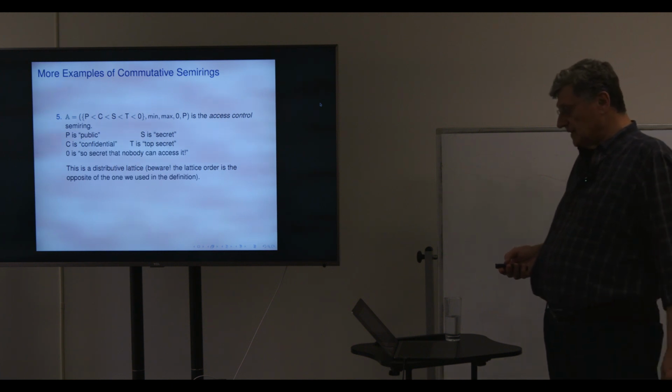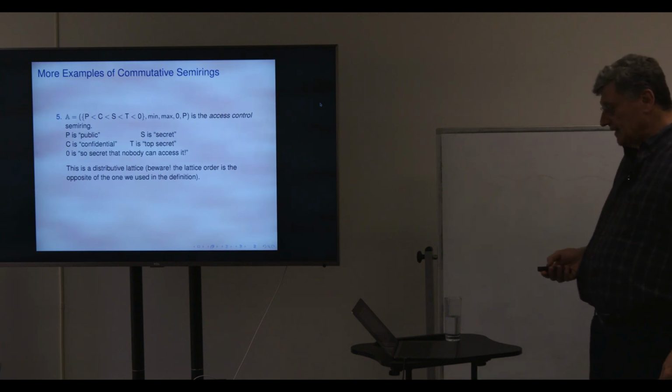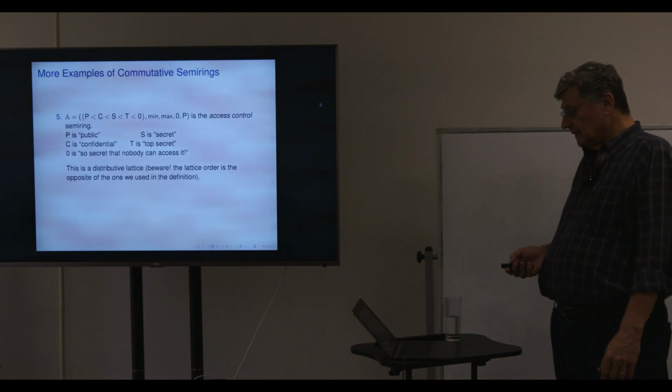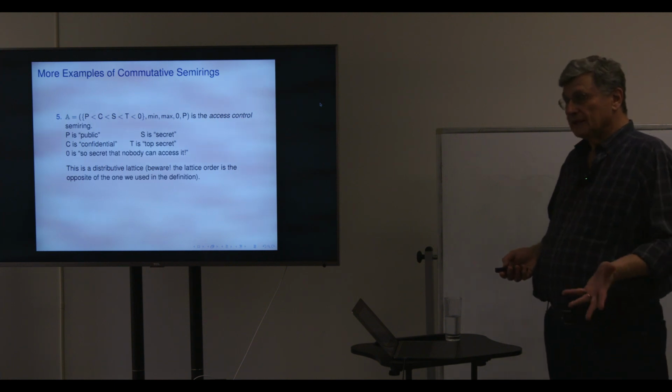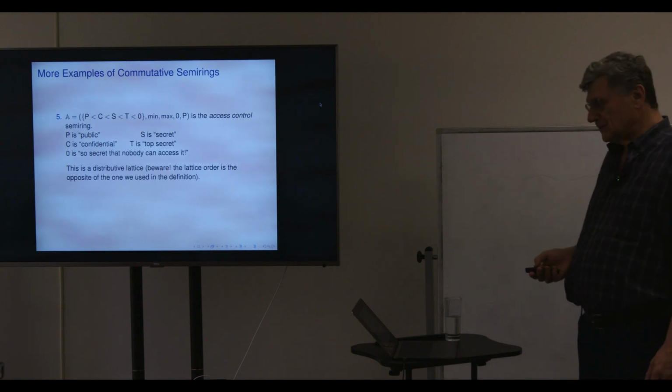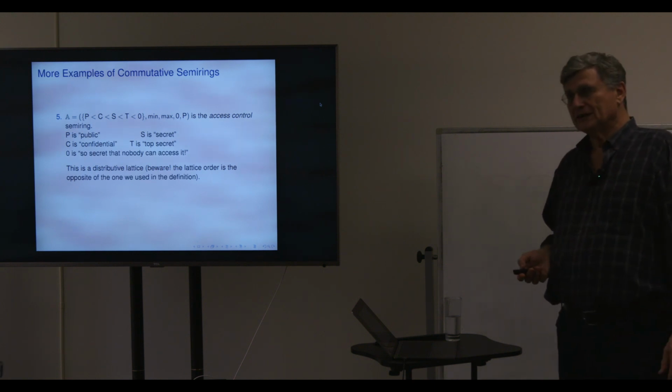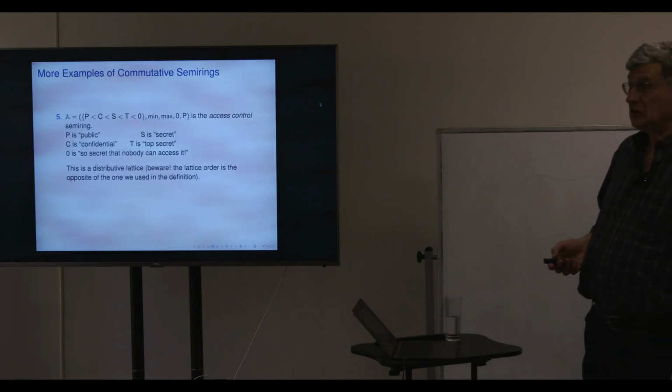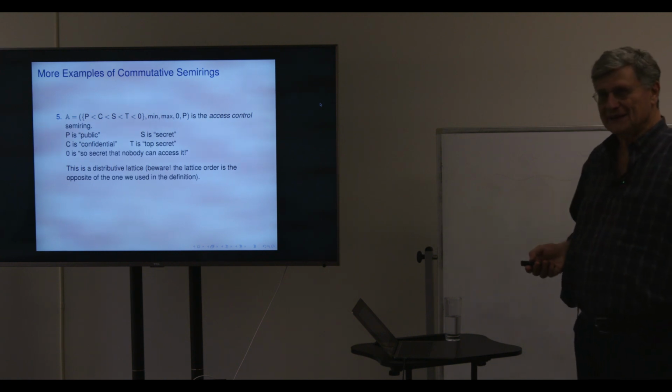So P is public, C is confidential, S is secret, T is top secret. And I need 0 to make this into a semiring. So, the best thing I can say about 0 is that it's even more than top secret. So it's so secret that nobody can see it. That's the interpretation.